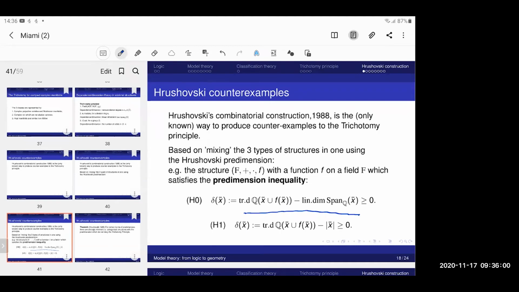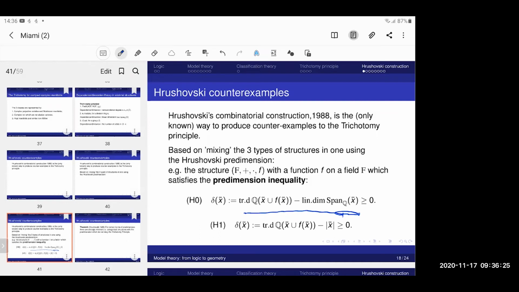You ask what is the transcendence degree of this subfield, but then you also separately look at the Q-span of this finite set as a vector space, and ask what is the linear dimension of this span.